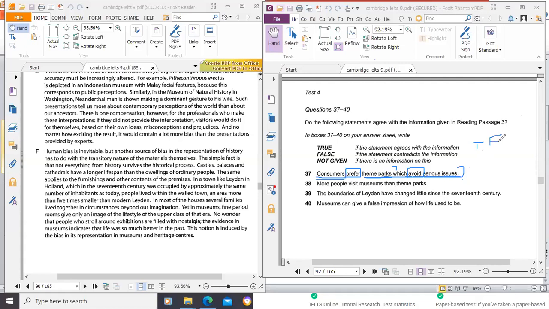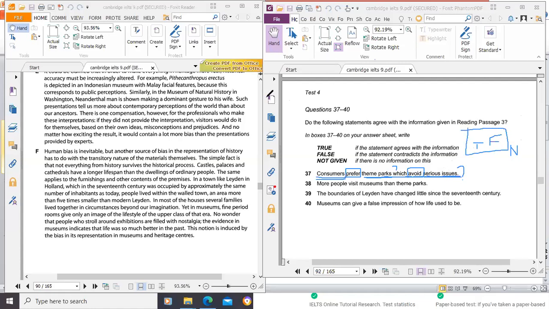It is false if theme parks embrace serious issues. It is not given if I don't have enough information to judge whether it is true or false.